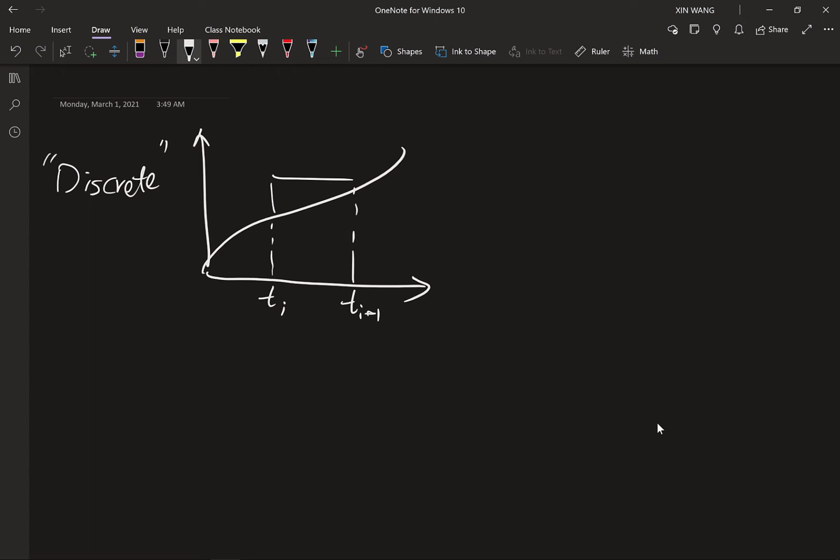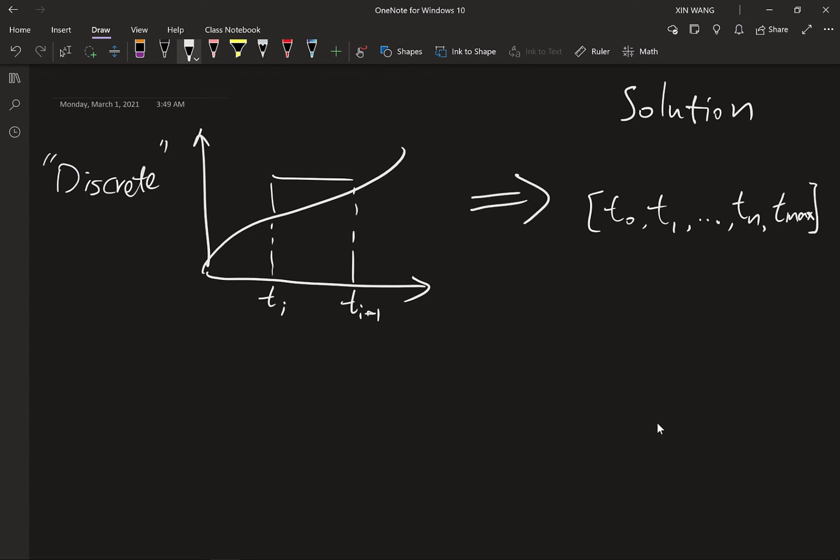So we can have a solution, T0, T1, ..., Tn, or sometimes we put Tmax at the end. That's the somewhat discrete solution we want to obtain, and typically we can use dynamic programming or the shooting method.